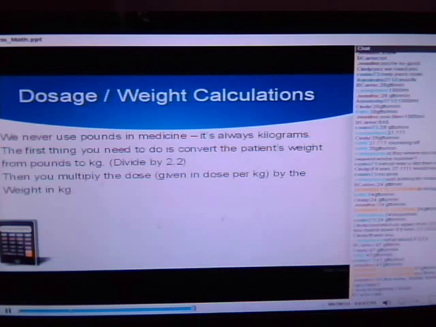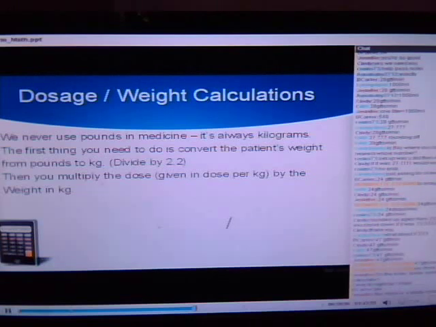Okay, so for the dosage weight calculations, we never use pounds in medicine. I don't know why. We always use kilograms. So the first thing you need to do is to convert the patient's weight from pounds to kilograms. In other words, divide the weight by 2.2.